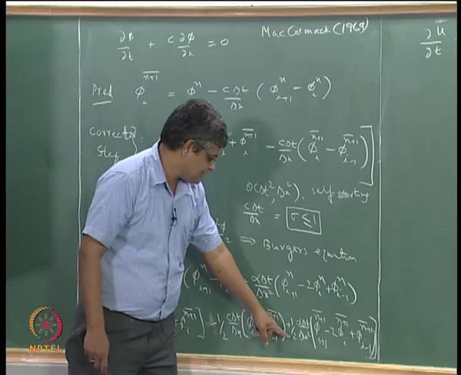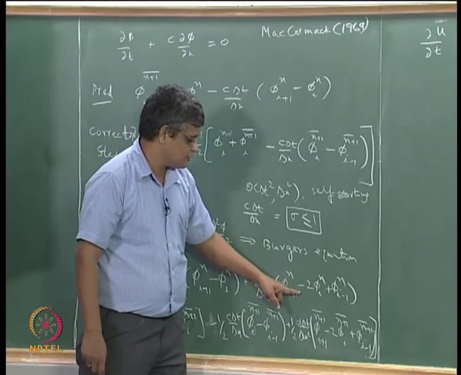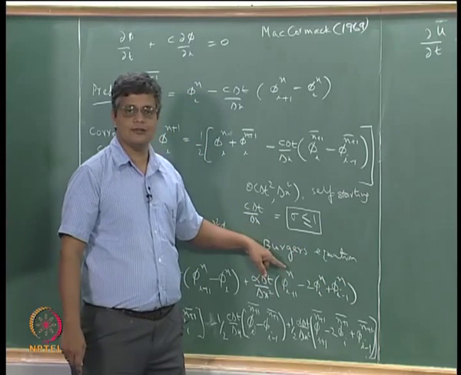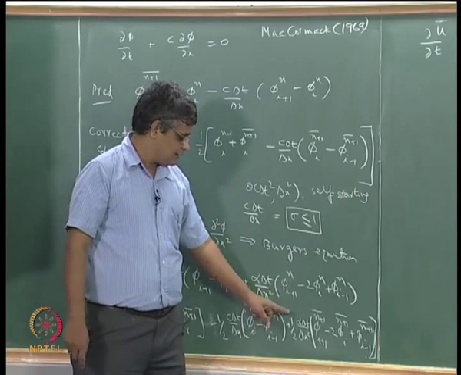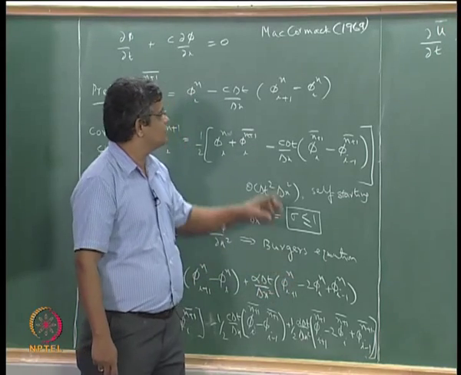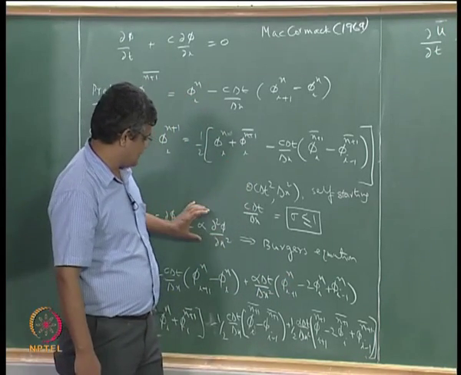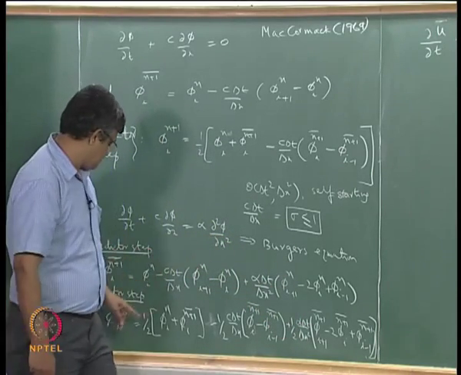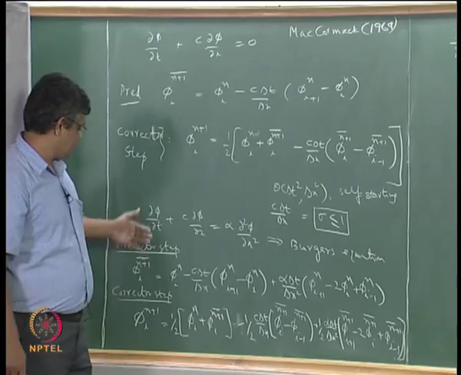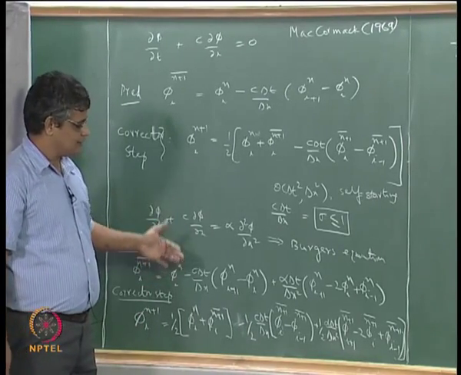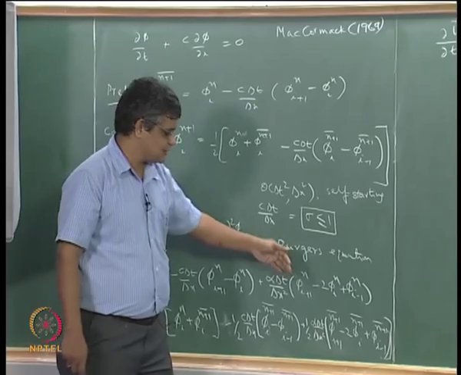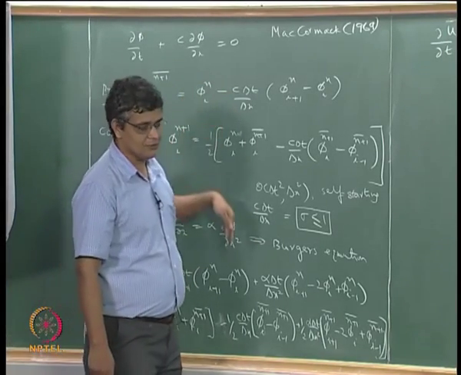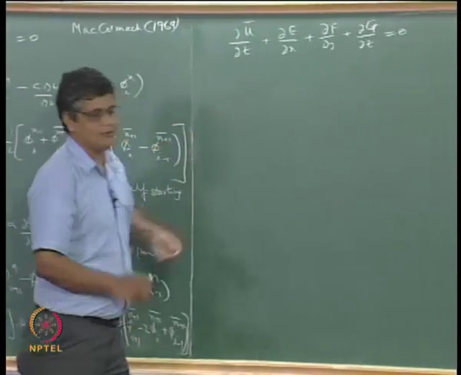So this is seen as a correction to the value that is predicted using only the n values. Okay, so together this predicted evaluation of the diffusion term and the corrected one together will give the overall value of phi n plus 1. So you have a prediction and a correction that is incorporated for diffusion terms in a certain way and advection terms in a certain way, and we have to make use of these recommendations in evaluating this.